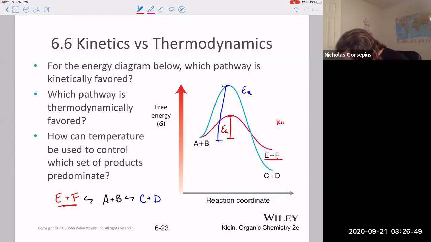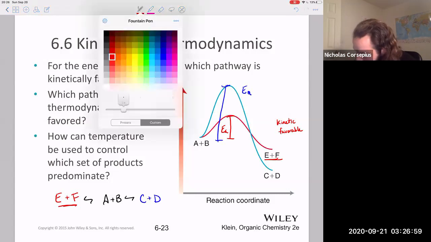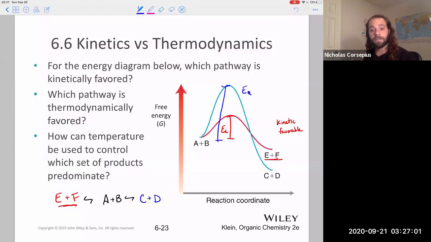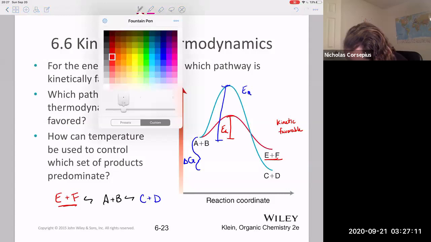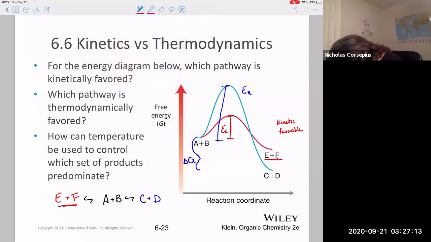So these have kinetic favorability. But when we look at the thermodynamics, the delta G of the blue reaction is much greater than the delta G of the red reaction.